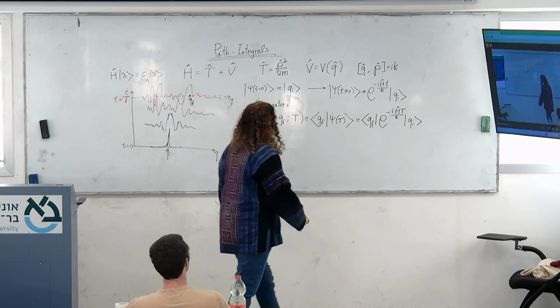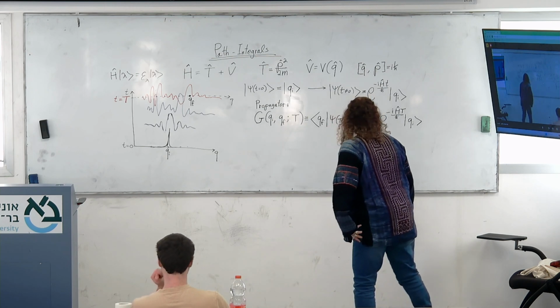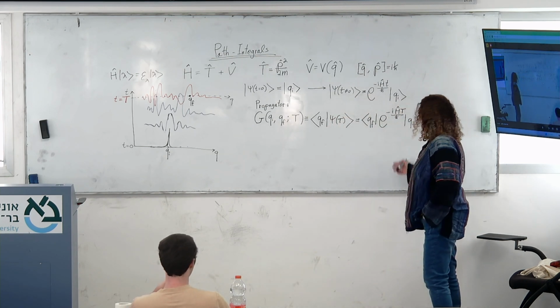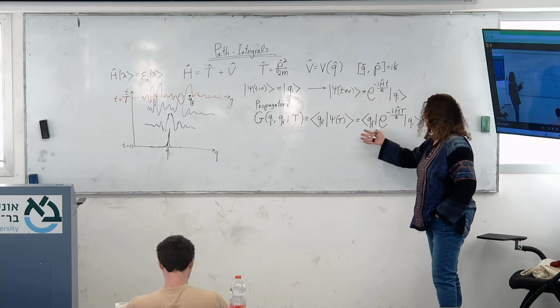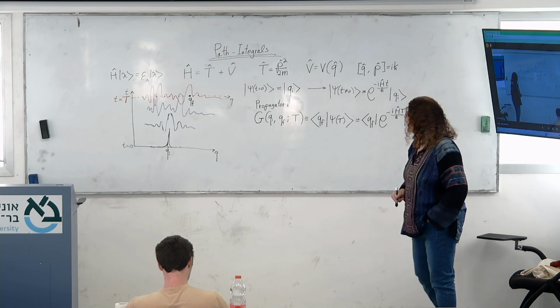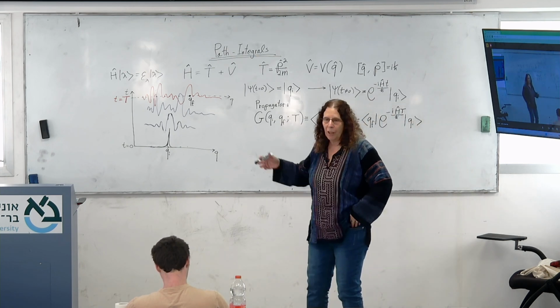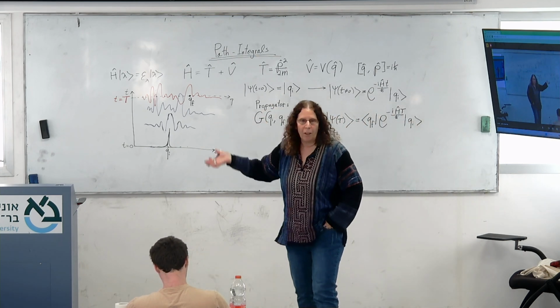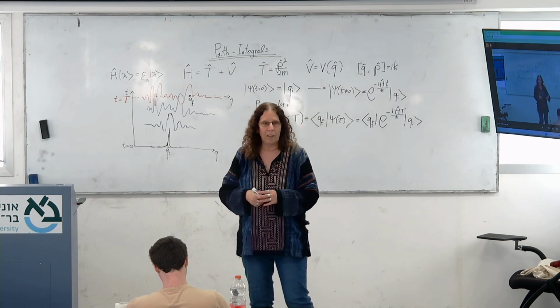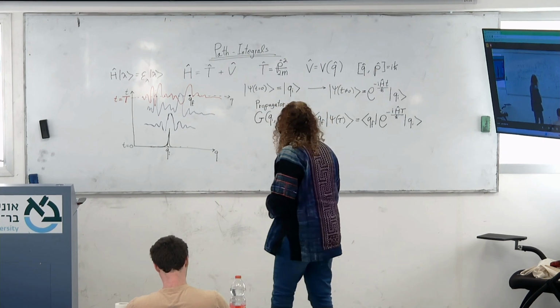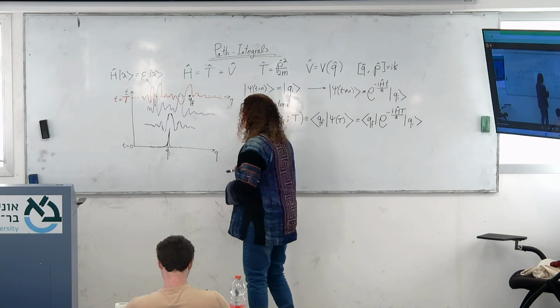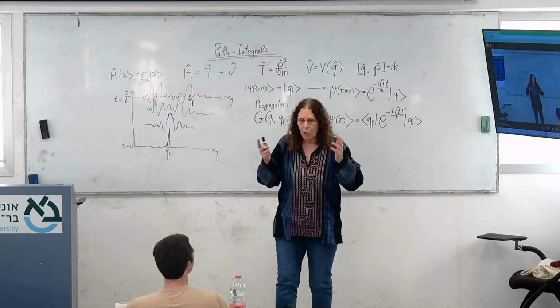All right, so in principle, we can compute this propagator by using the method I mentioned before, solving the Schrödinger equation, writing the state in terms of the eigenmodes, and it's going to give something.